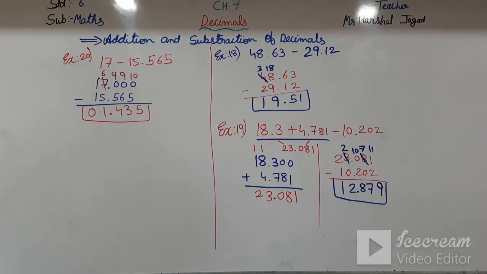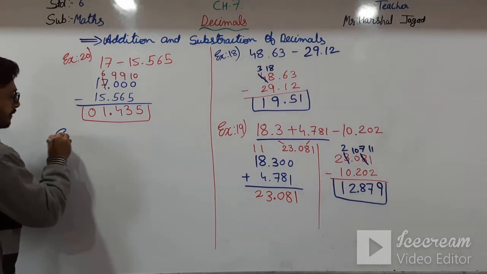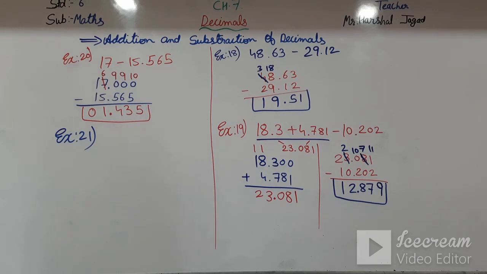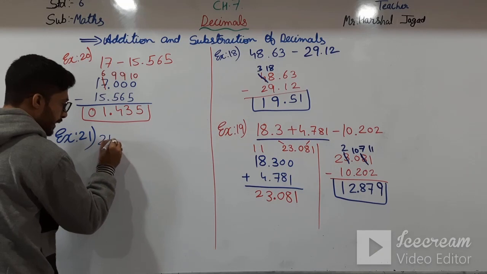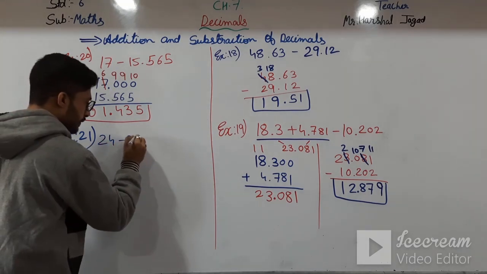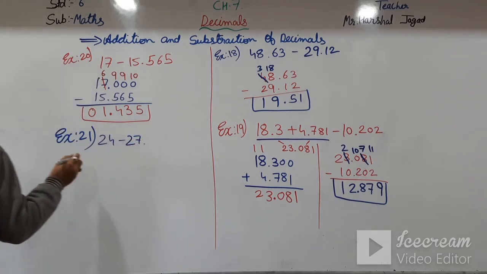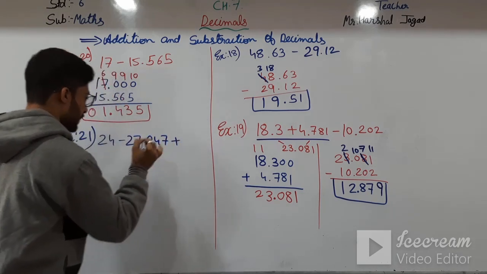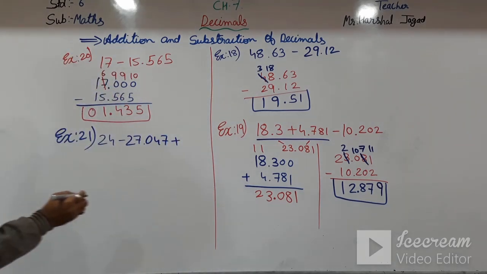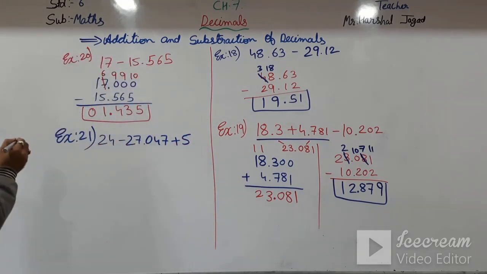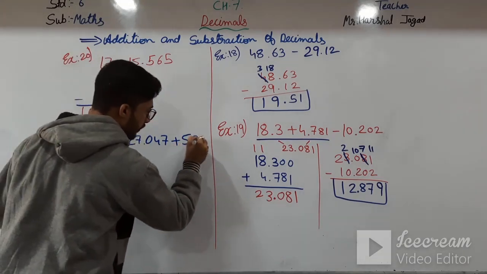Example number 21. And here 24 minus 27.047 plus 5.26.